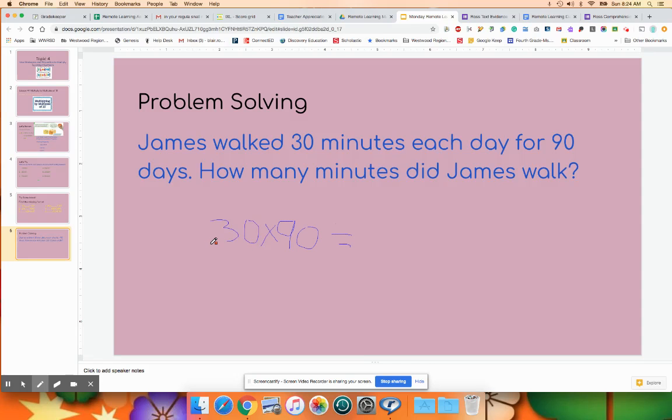Let's look at our basic facts. 3 times 9 is 27. And then you're going to add 2 zeros. Ooh. And we're measuring in units, how many minutes? So 2,700 minutes. Ooh, that's not pretty.